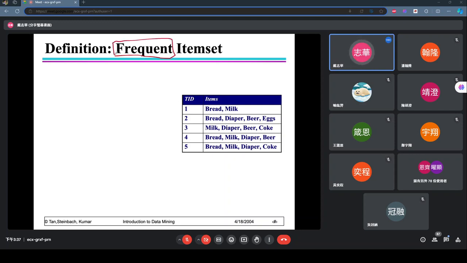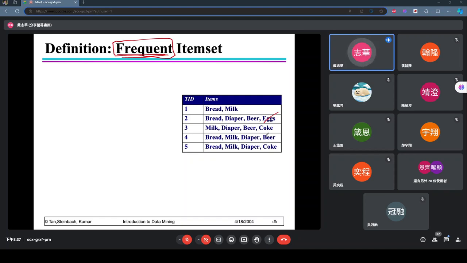Frequent means that it happens frequently. So most customers or most transactions have this event happen or have this item. This could help us to ignore the much less informative items, such as the egg.